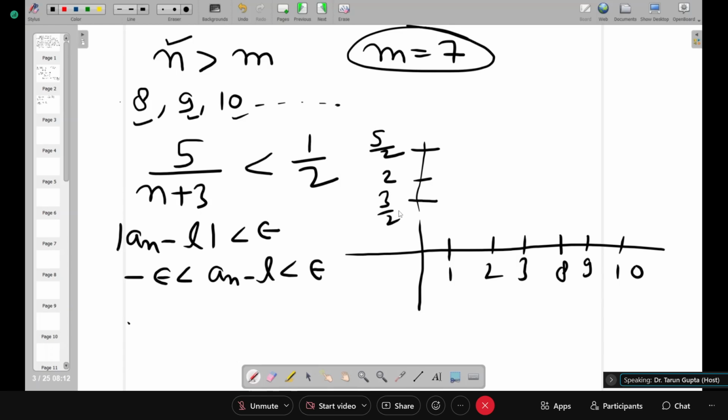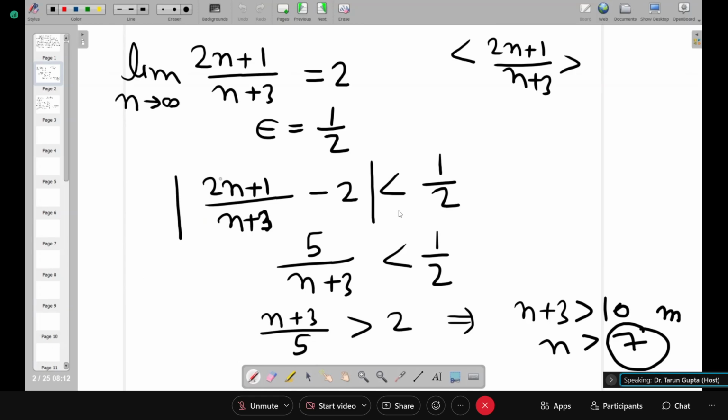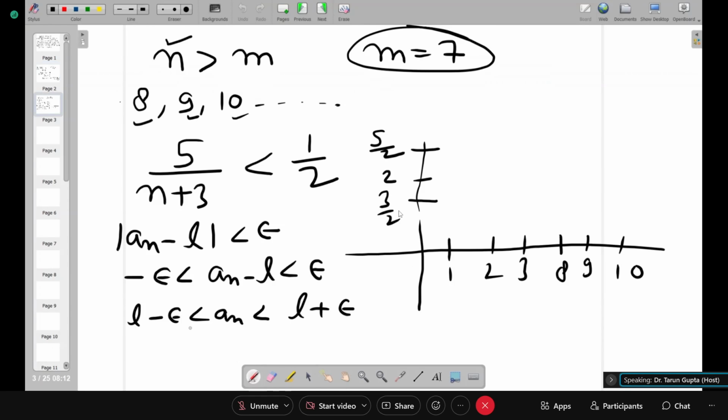So l you can add. So l minus epsilon less than an less than l plus epsilon. So this l value is 2 here, and epsilon is 1 by 2. So this is 3 by 2 less than an, and this is 5 by 2.